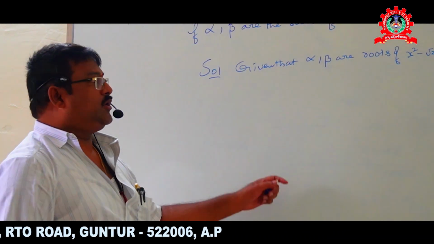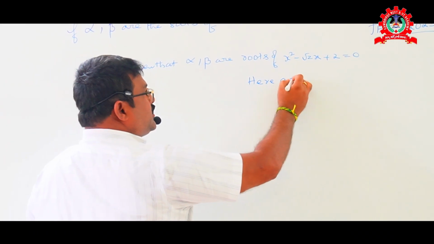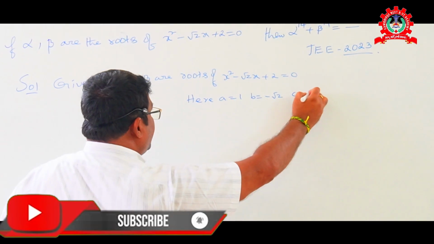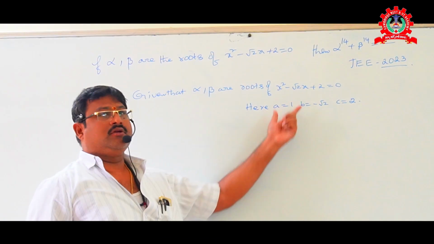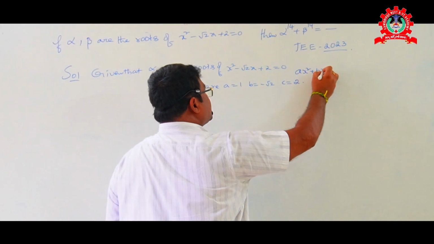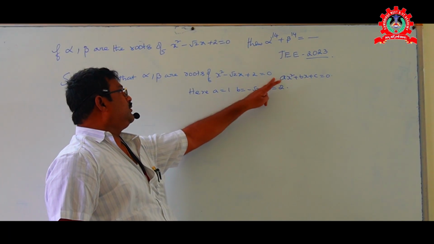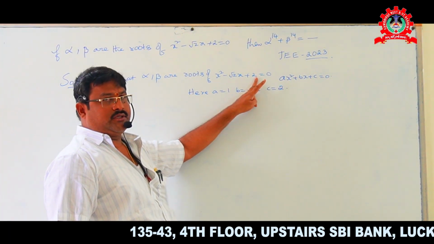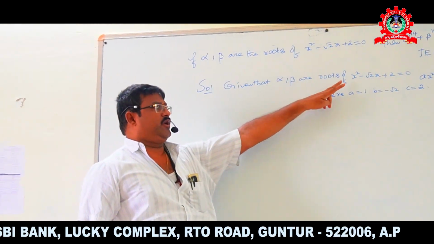Comparing the given quadratic equation with ax square plus bx plus c is equal to 0, here a value is equal to 1, b value is equal to minus root 2, c value is equal to 2. Alpha and beta are the roots of the quadratic equation.